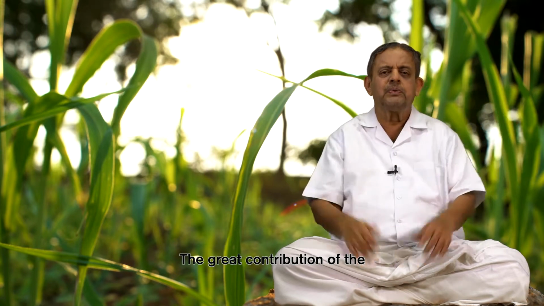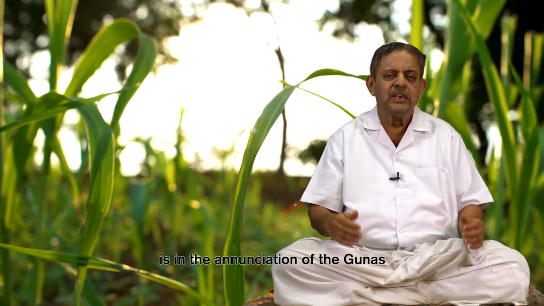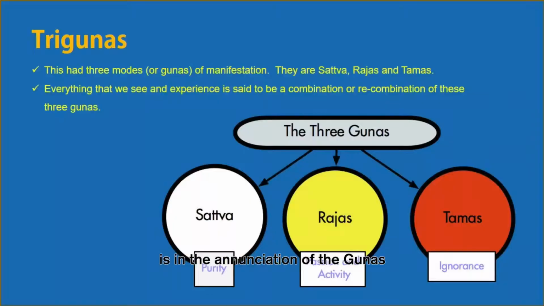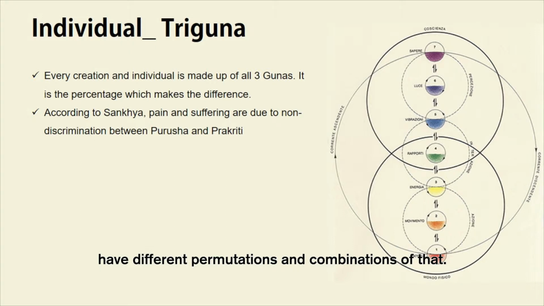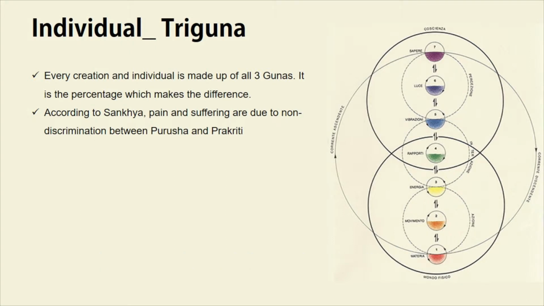The great contribution of the Sankhya is in the enunciation of the Gunas. And every Jiva, every individual is made up of three Gunas: the Tamas, the Rajas and the Sattva. Tamas is the grossest, Rajas is the middle, Sattva is the best. And each one have different permutations and combinations of that.